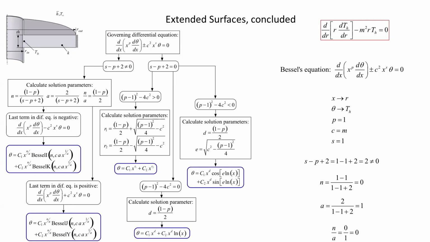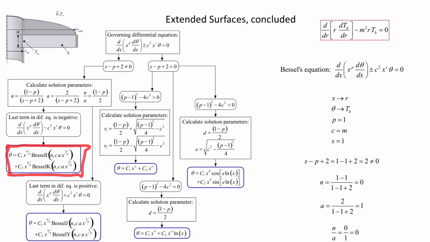This path, because our last term is negative, and we know it has to be negative because m squared has to be a positive number. And there's no way for m squared to be negative unless we're talking about imaginary numbers. Okay, so we have a positive, so we follow through and end up knowing our solution is going to look something like this.